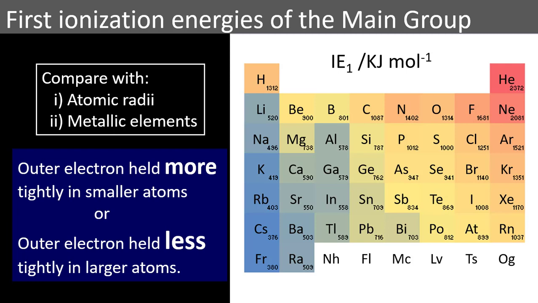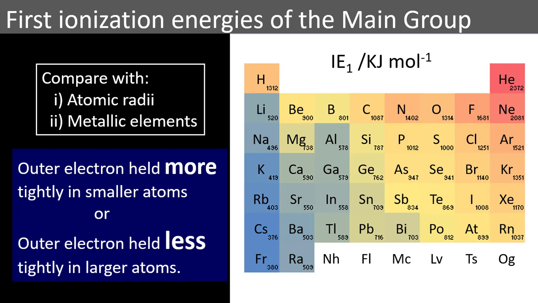And it also makes some sense to compare this plot with which elements are metallic. And that is because the bonding in metals consists of a sharing of the outermost electrons between all the other atoms. So these electrons are not bound to any one atom, but are able to move. They are the source of our conductivity.